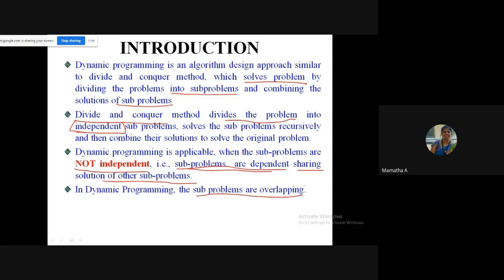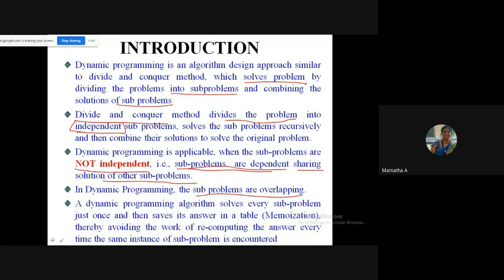And since I need the solution of sub-problem 1 to solve sub-problem 2, sub-problem 1 has to be solved and I should keep the answer. So in dynamic programming, every sub-problem that you solve will have its answer saved in a table. What is a table? Table here is like an array. That's all.